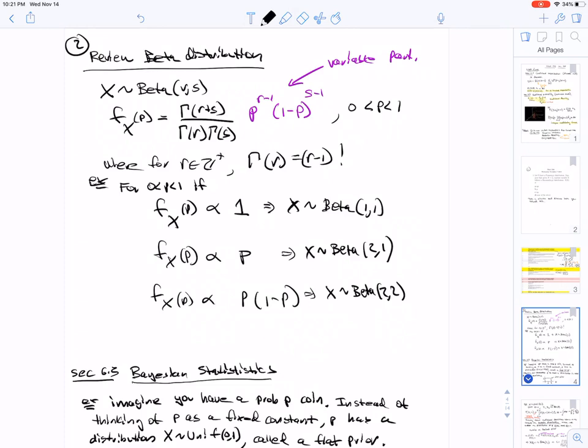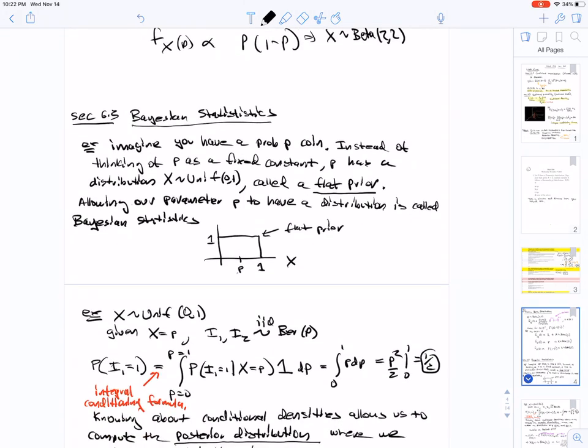So, for example, if your density is proportional to 1, then we know that X is beta 1, 1. If the density is proportional to p, then X is beta 2, 1, because that's the variable part of a beta 2, 1. And if it's proportional to p(1 minus p), X is necessarily beta 2, 2.